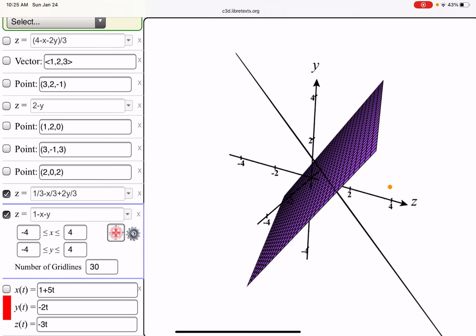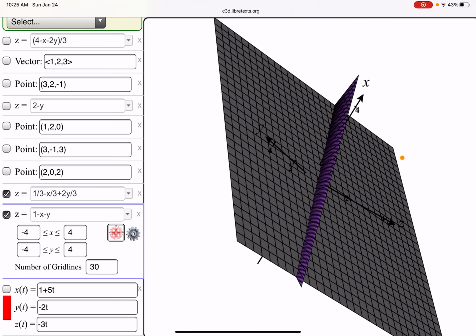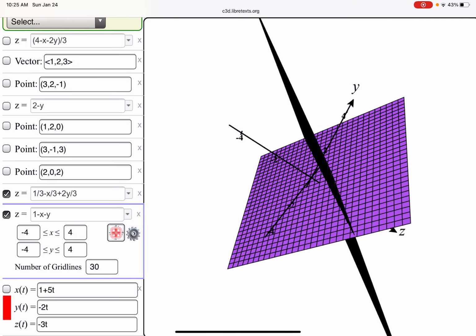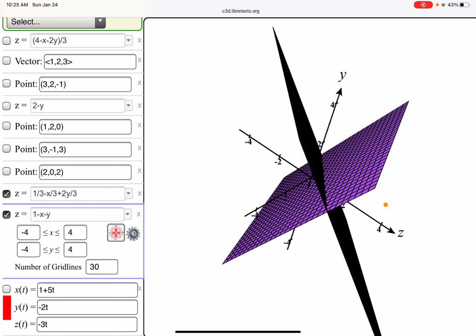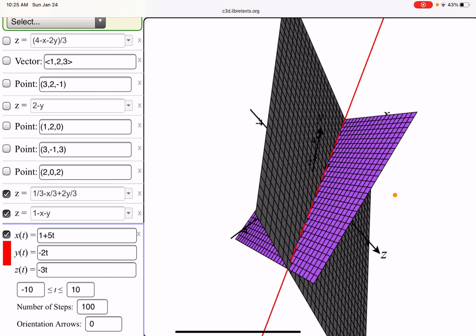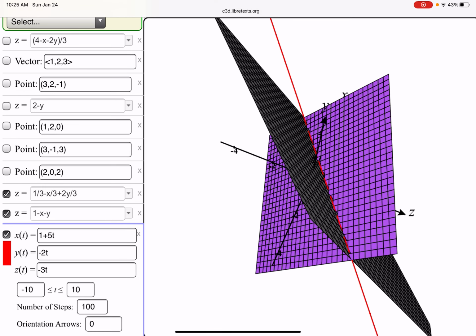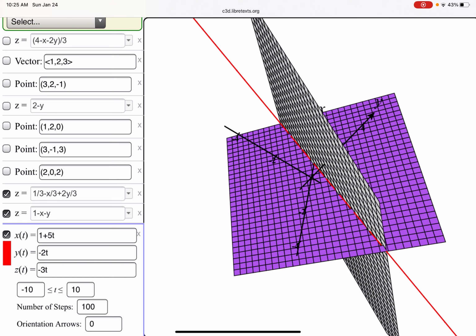I want you to notice when you're looking at the intersection that they do appear to intersect in a line. Also, look at the acute angle between them, 72 degrees, a little less than a right angle. Seems to be reasonable. And now I'm going to plot that line that we just found. I want you to notice that the line there is exactly the line of intersection for our two planes.